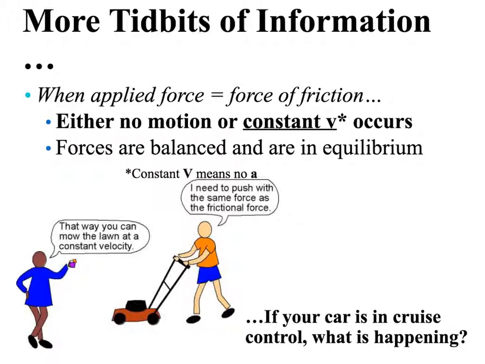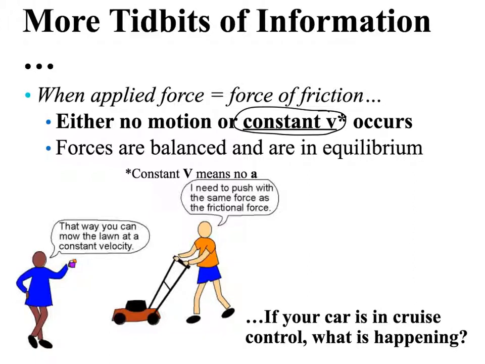When we do apply a force, a push or pull, and it ends up equaling friction, that either means that the object will not move or it will move at a constant velocity. The reason for that is that the object will be in equilibrium, so all the forces are balanced out. And if that's the case, then inertia takes over.